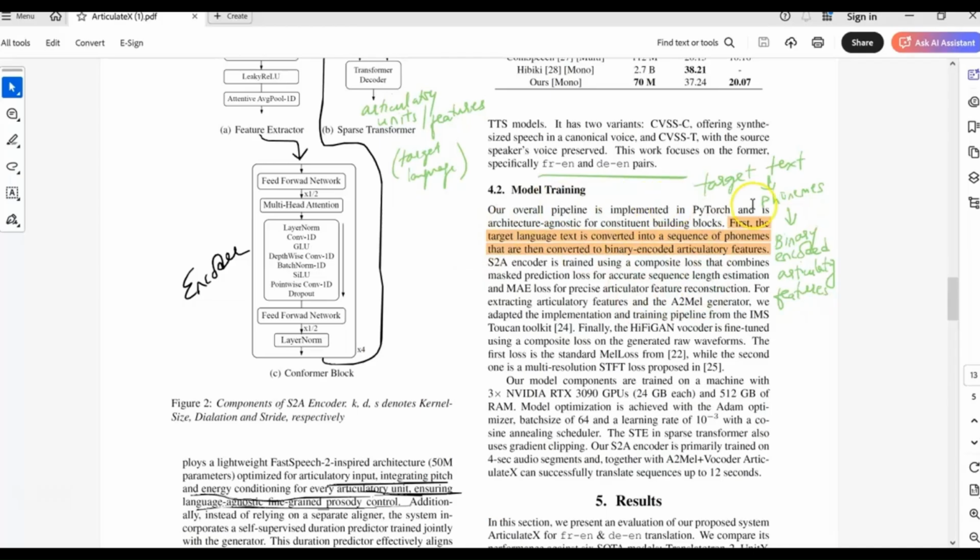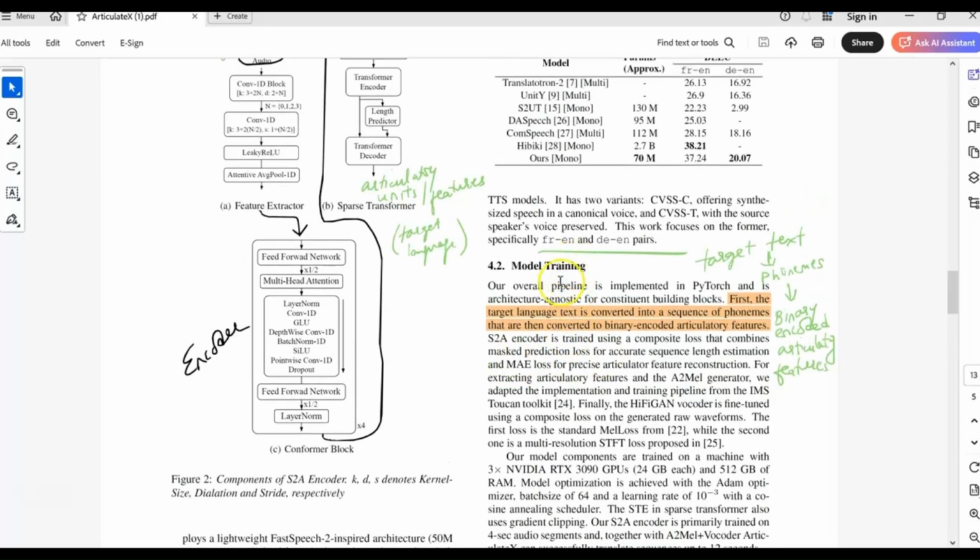So they're saying the target language is converted to a sequence of phonemes, which are then converted to binary encoded articulatory features. So they are taking the target text in order to produce the training data. They're taking the target text, converting that to phonemes. Phonemes are again sound units, and those are binary encoded. So this is the set of features that they are using to represent the target language during the training phase.